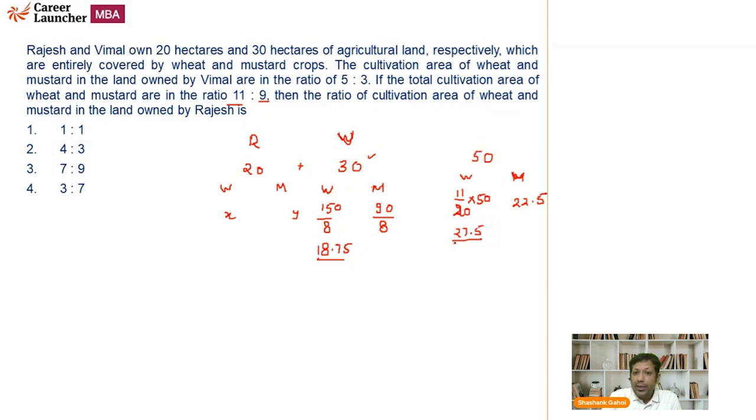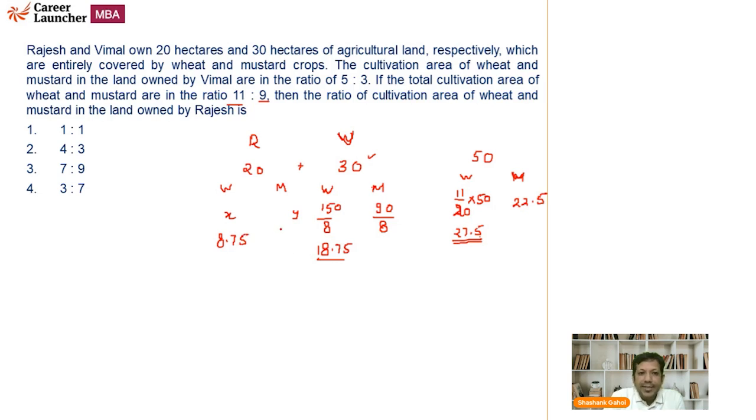Total wheat area is 27.5. So how much is the wheat area of Rajesh? That is going to be this minus this. That is going to be 8.75. Okay, so this is 8.75 (27.5 minus 18.75).